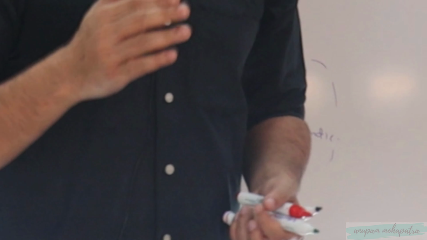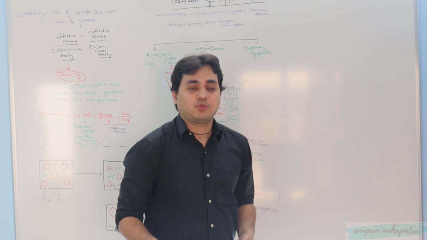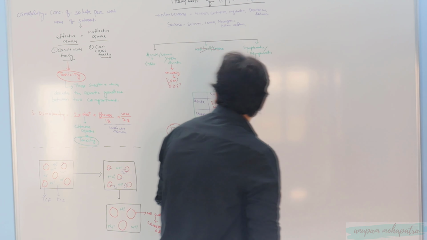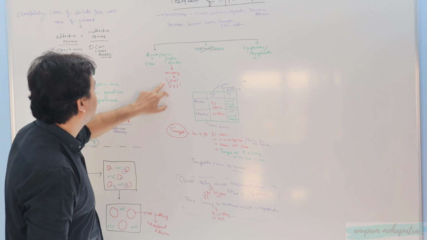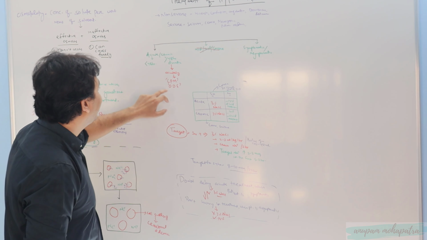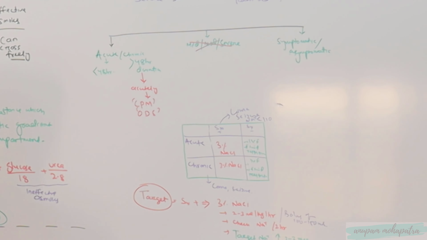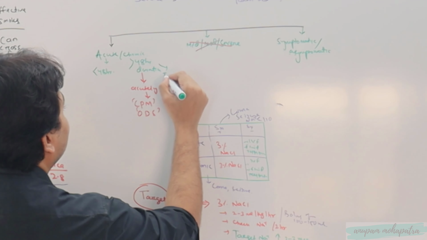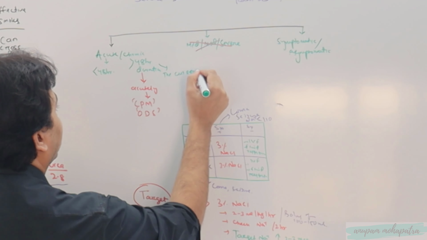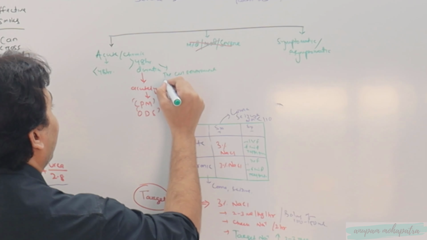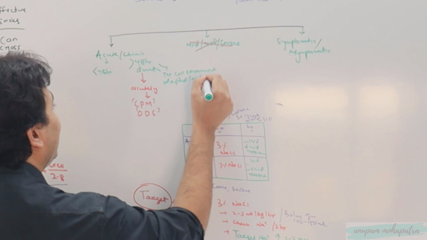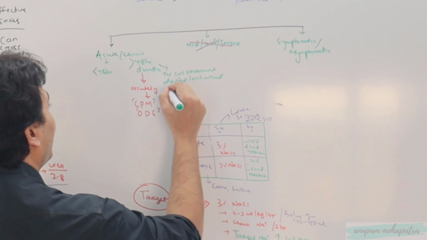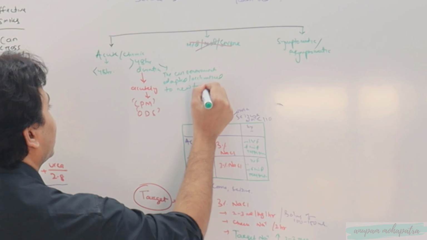Problem when we give 3% saline to a patient and you try to correct it very quickly, what is the problem? As we have discussed here, if you treat it acutely, then there will be CPM, central pontine myelinolysis. Why does this happen? Because at 24-hour duration, the cell environment becomes adapted or acclimatized to the new tonicity.